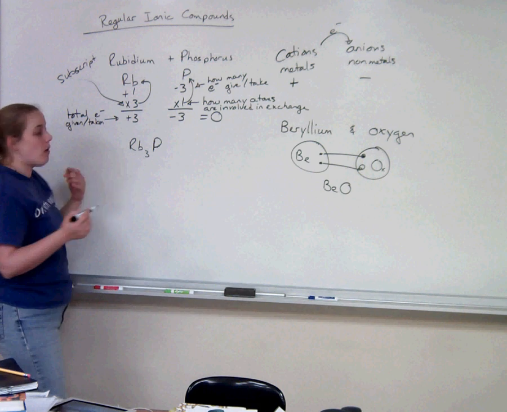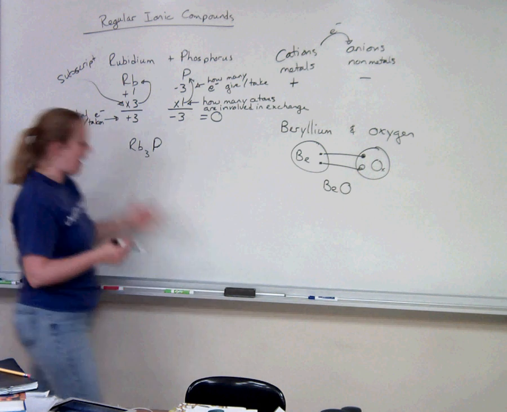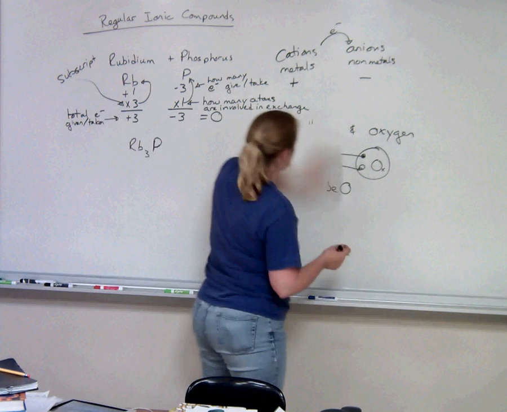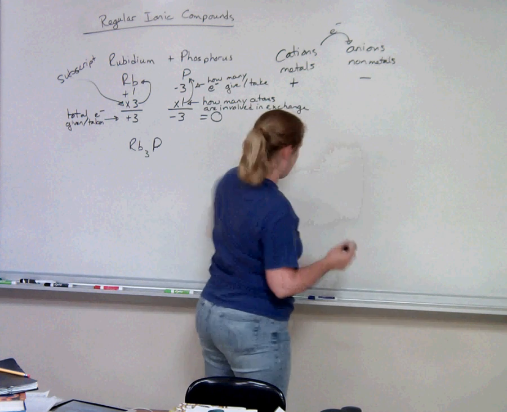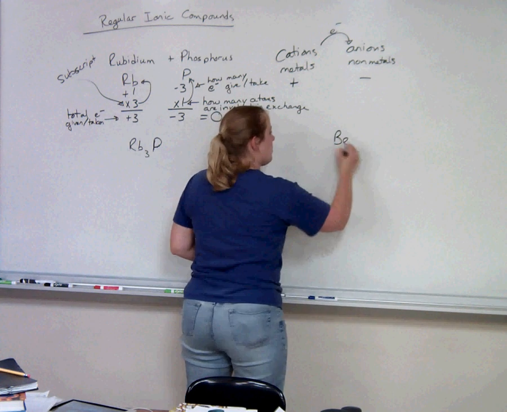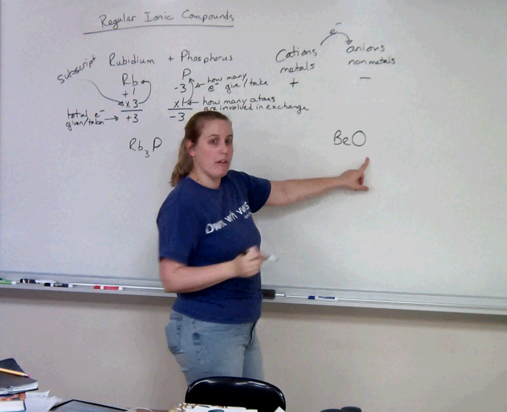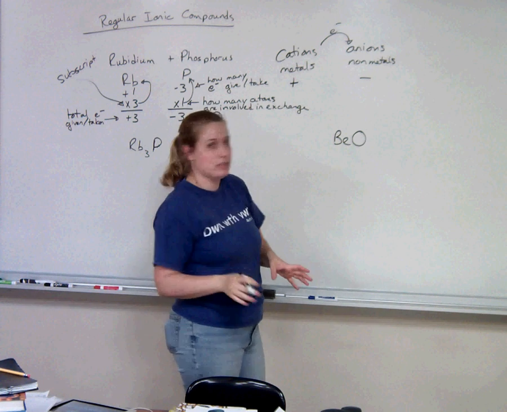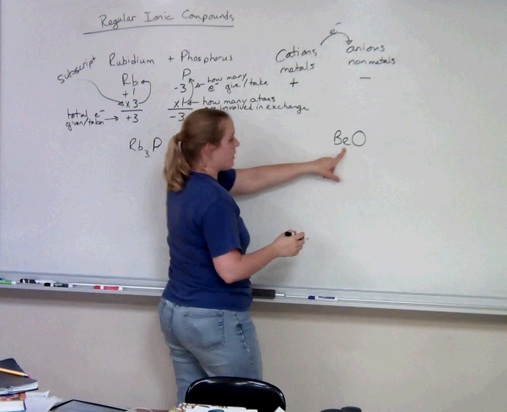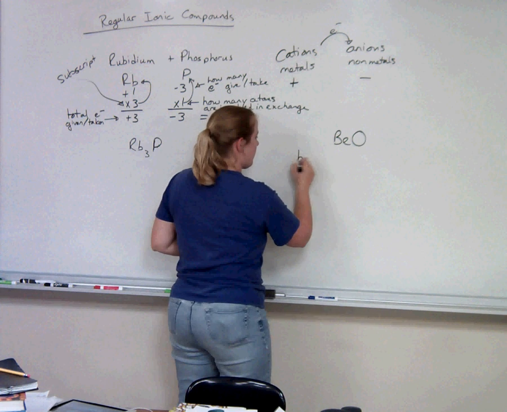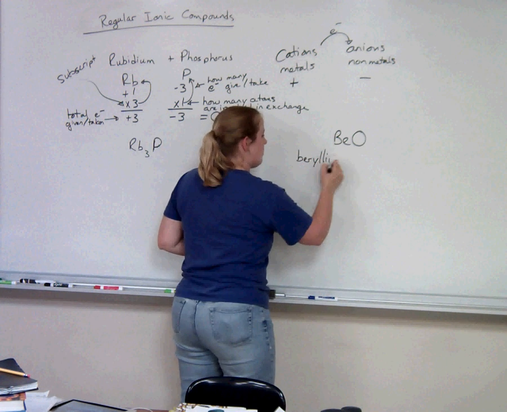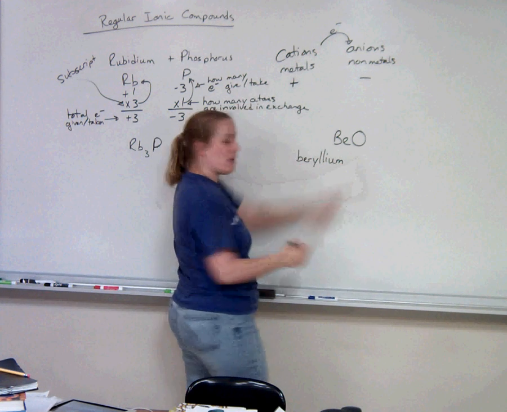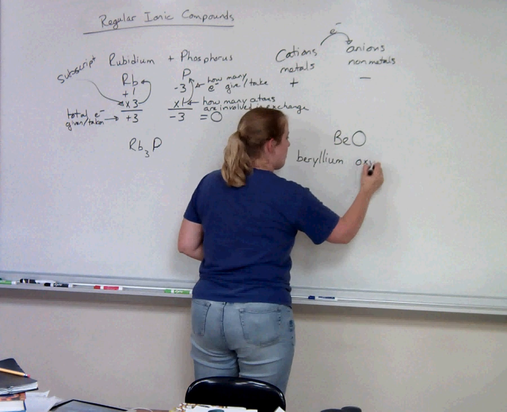If you want to write the name, let's say you have a formula, beryllium and oxygen, and you want to write the name of this. It's super easy. First, you write the name of the cation. Then, you write the name of the anion as a separate word.